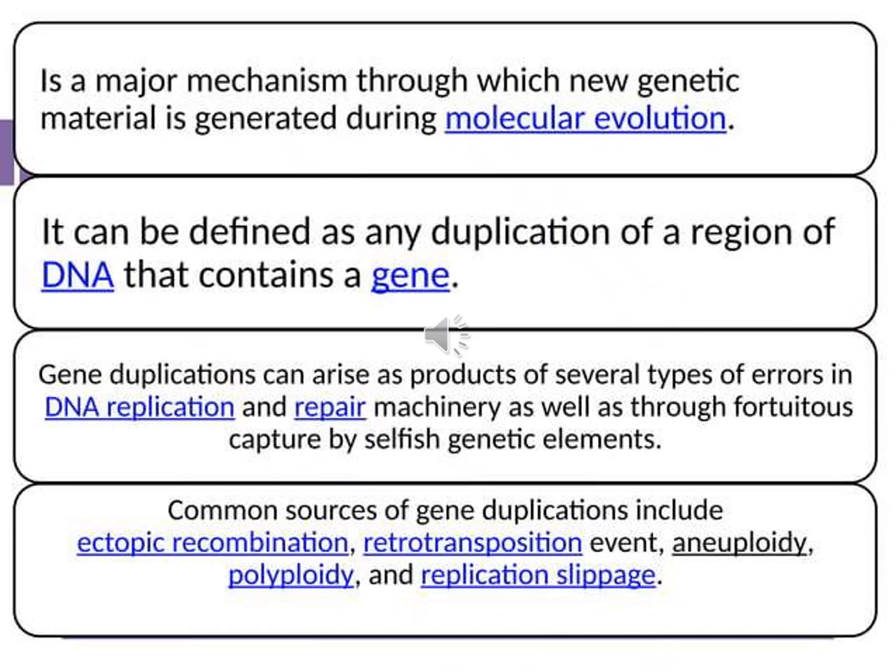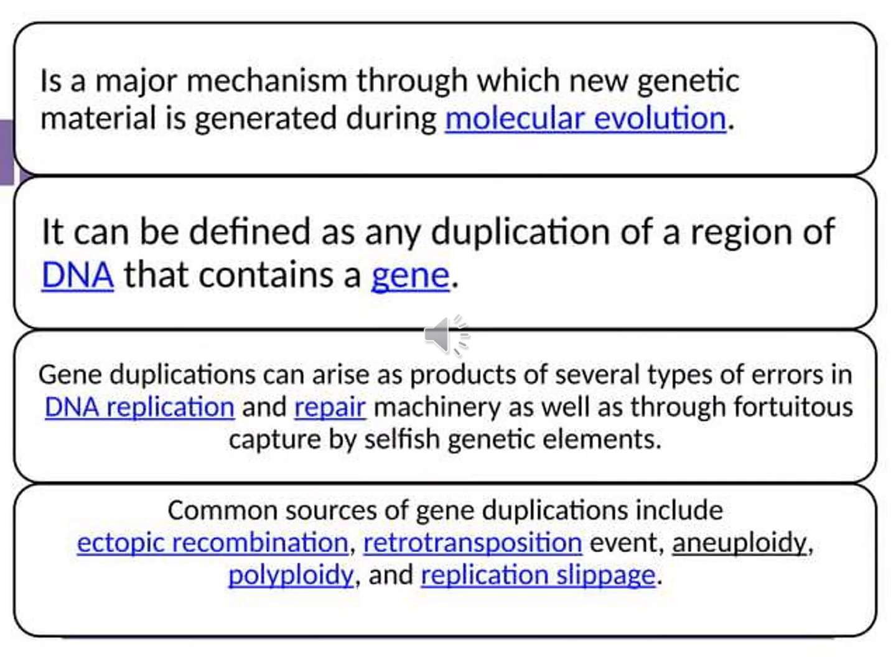Gene amplification is a major mechanism through which new genetic material is generated during molecular evolution. It can be defined as any duplication of a region of DNA that contains a gene. Gene duplications can arise as a product of several types of errors in the DNA replication or repair machinery, as well as through the fortuitous capture by a selfish genetic element.